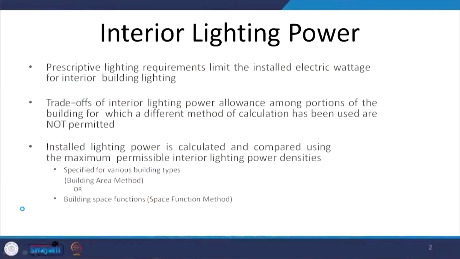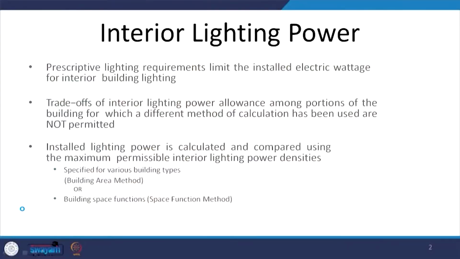So, in the previous lecture we looked at the compliance approach for meeting various criteria set for energy efficiency in buildings. Most of these criteria we followed from ECBC when talking about energy efficient buildings in the Indian context. One aspect of the compliance which was left was interior lighting power.